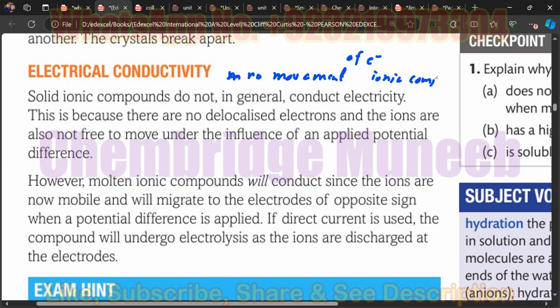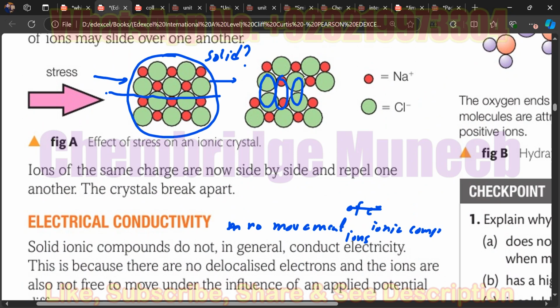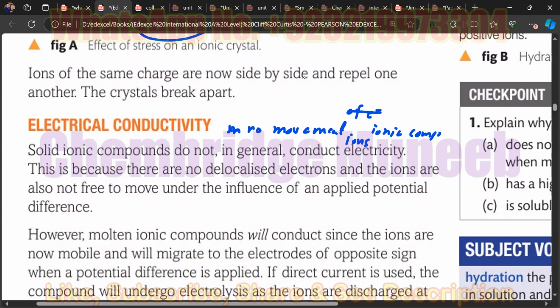That is wrong. You will say movement of the ions in the ionic compound, because they are composed of the ions only, and the ions were made because one atom lost its electrons and transferred it to the other, which converted that into the anion. So at this moment there are no free electrons, they are just ions here.